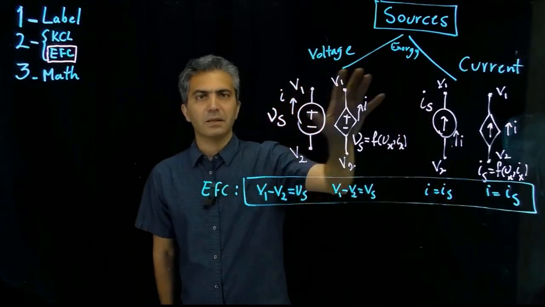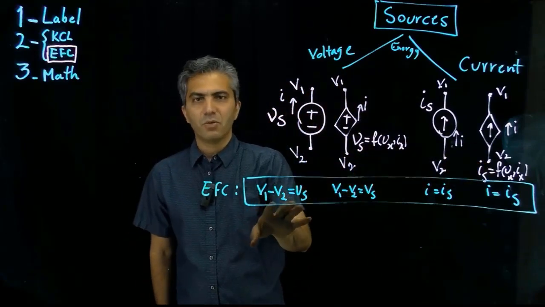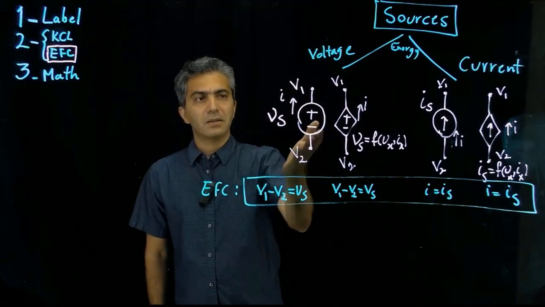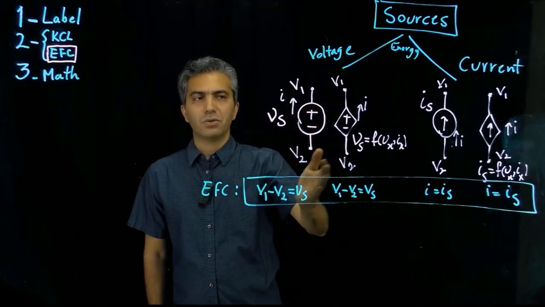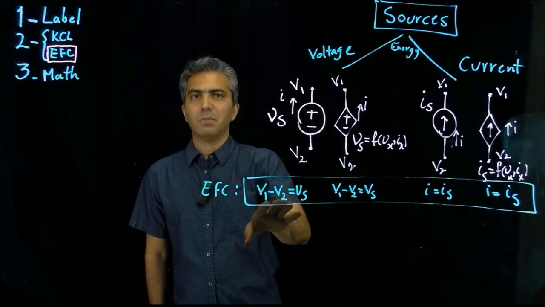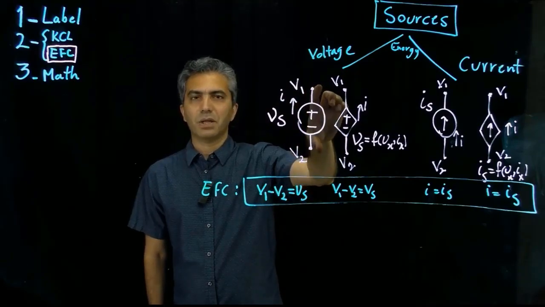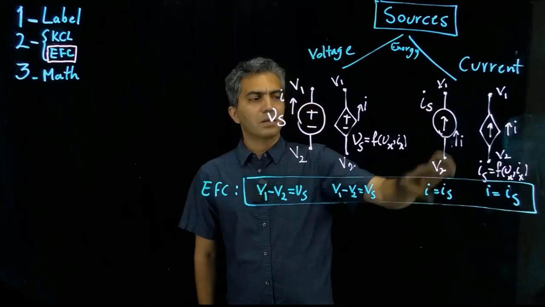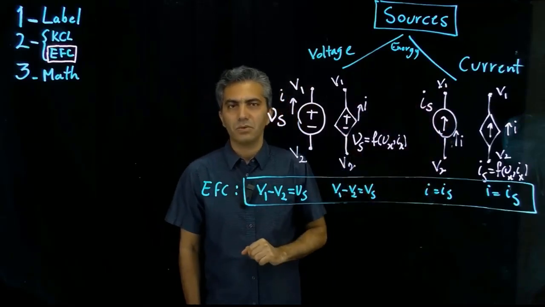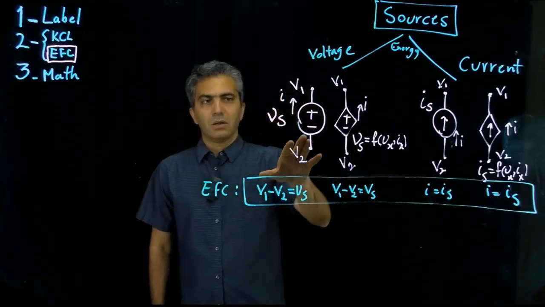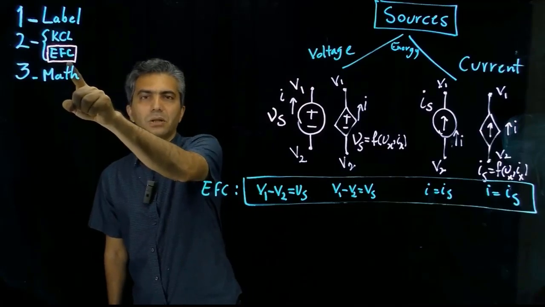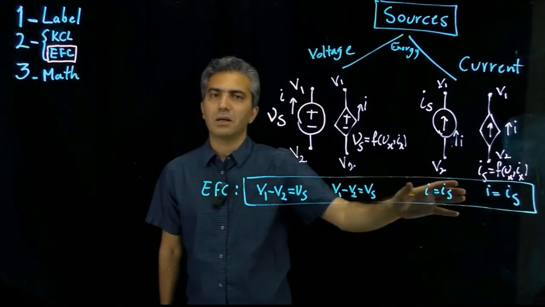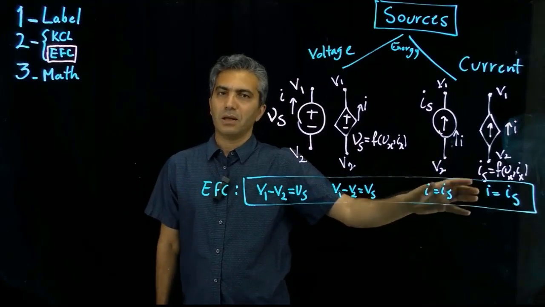Notice that in the case of sources, the equation doesn't necessarily relate the voltage and current to each other. In the case of a voltage source, it is just simply a statement about the voltage or the potential difference across the component, and in the case of a current source it is a statement about the current passing through the component. So that's why I'm making the differentiation between writing an equation for the component or writing an equation for voltage and current.